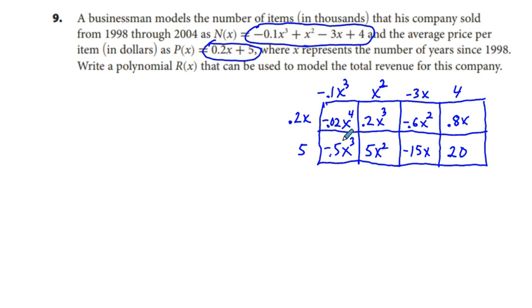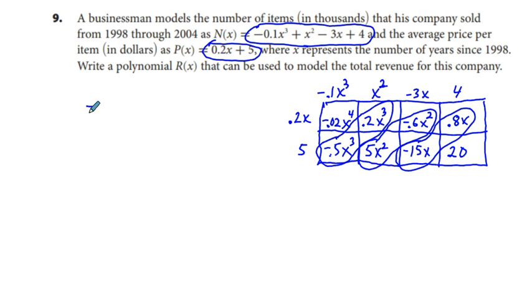And now our like terms here are going to be negative 0.5x cubed and 0.2x cubed. And then we have the squared terms, 5x squared and minus 0.6x squared, and negative 15x plus 0.8x.